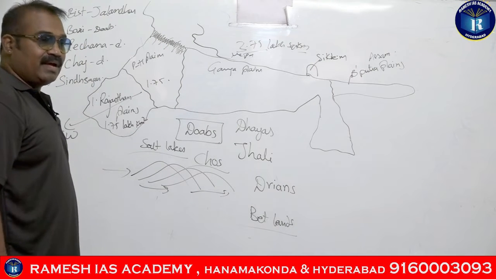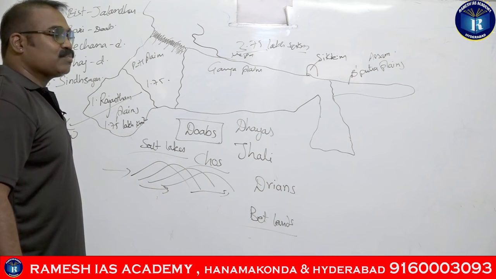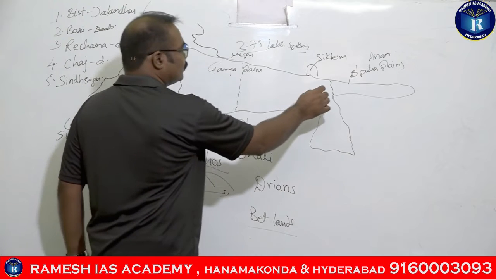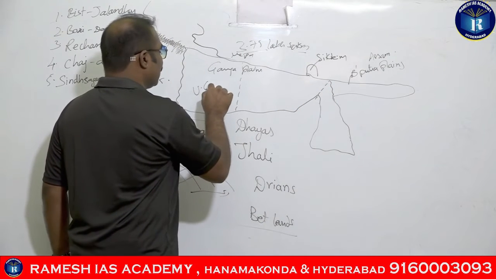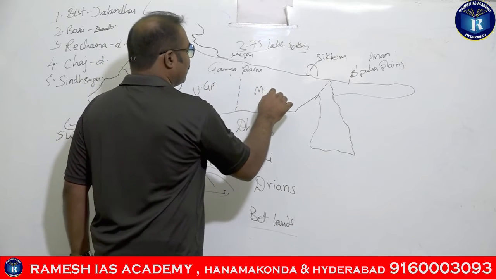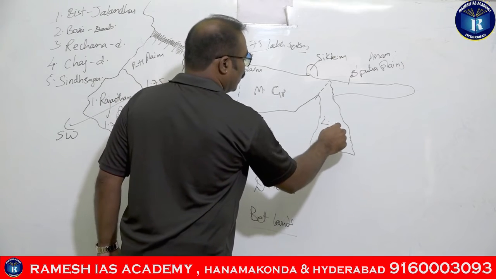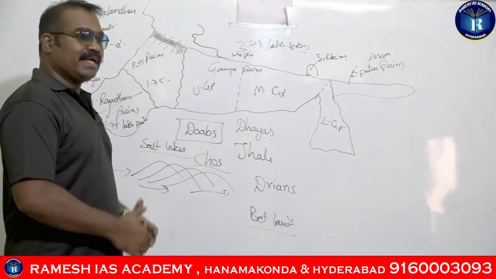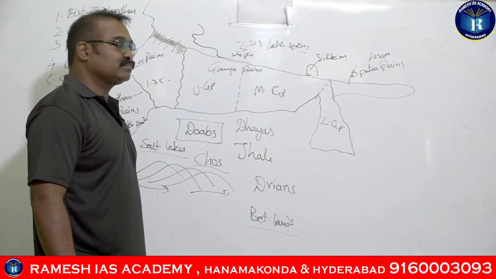The Ganga Plains are divided into three smaller divisions: the Upper Ganga Plains, the Middle Ganga Plains and the Lower Ganga Plains.